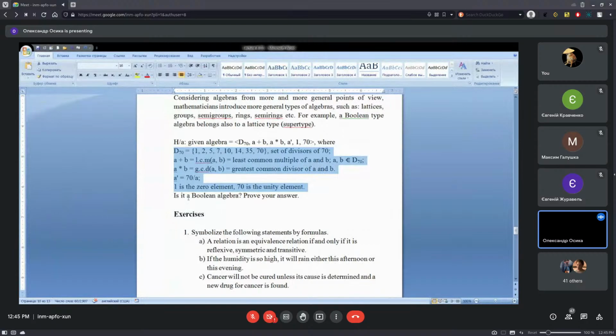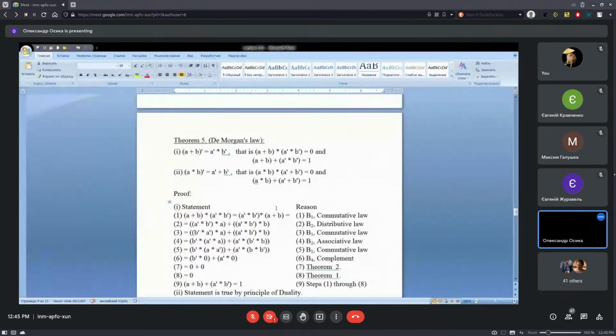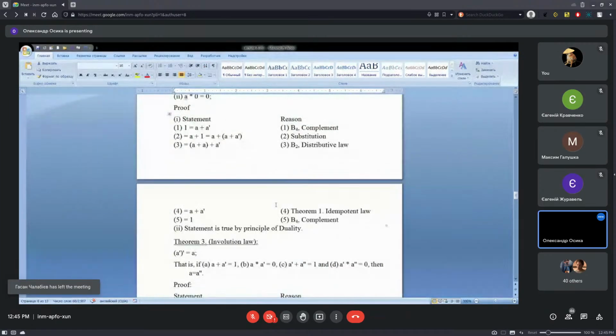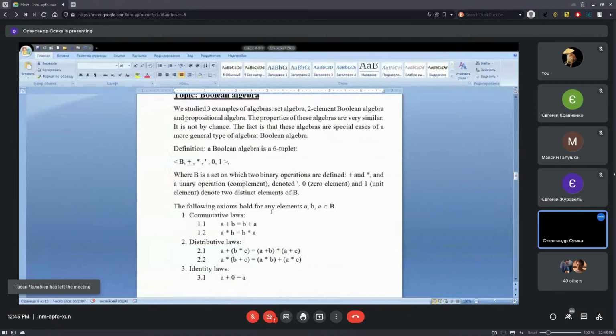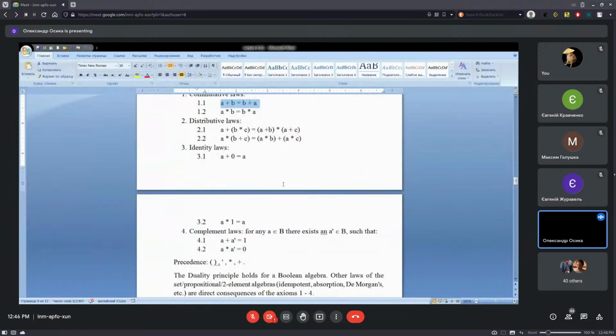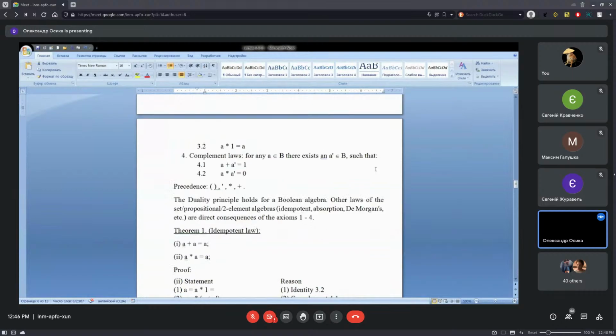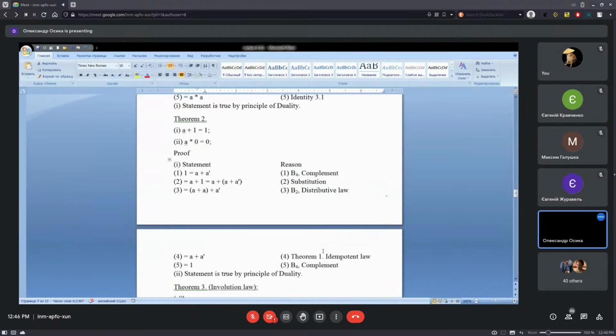The question is: is it a Boolean algebra? Prove your answer. In other words, you can try these four statements, and after that check if the principle of duality holds.